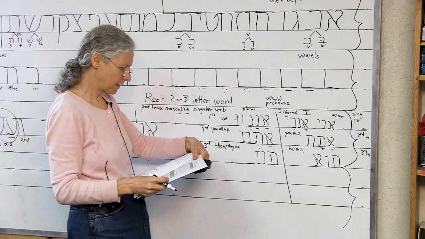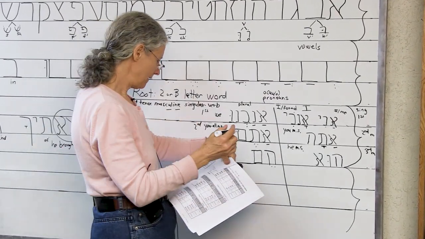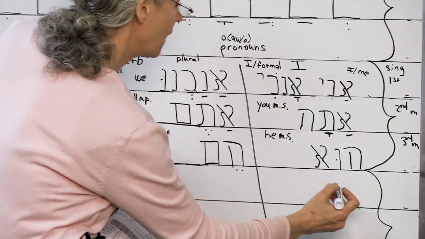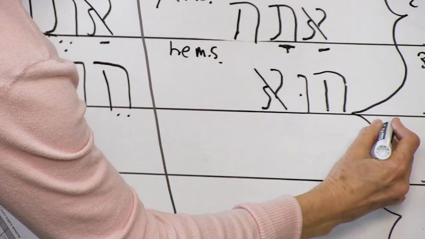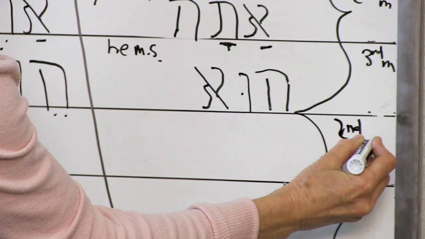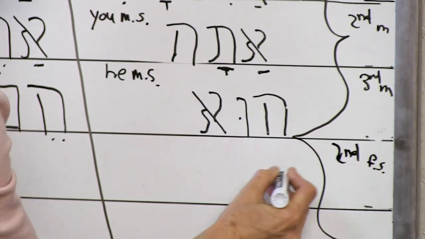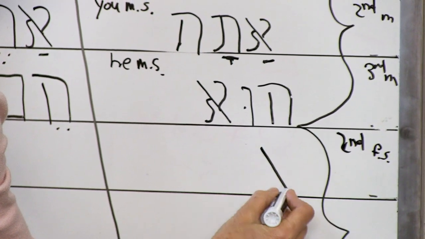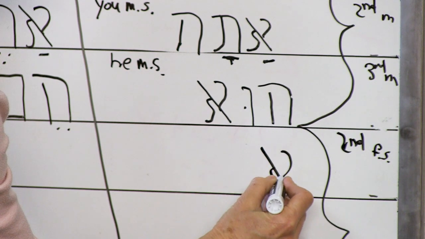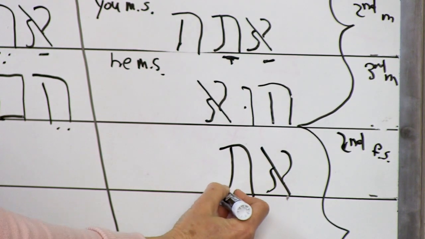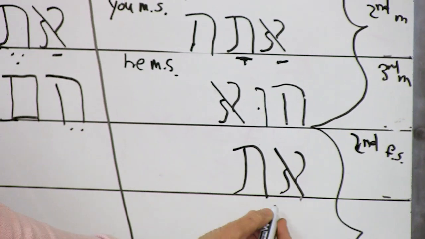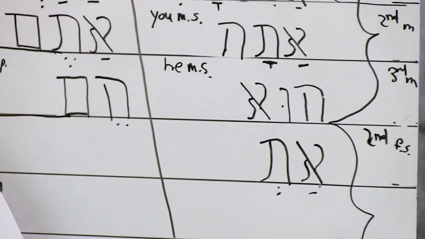Okay? Now we're going to do the feminine. So look at this. The second person, feminine singular, is at. At.